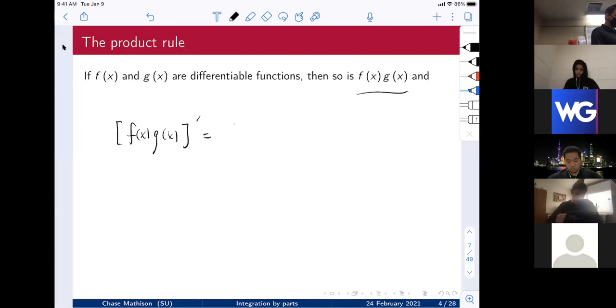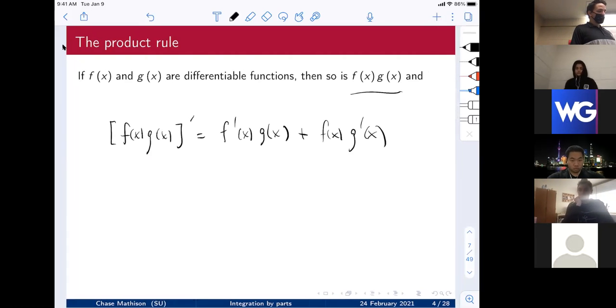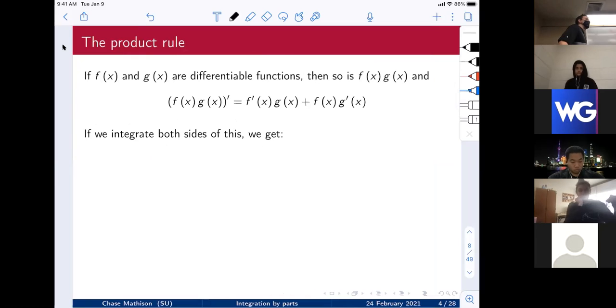Is it f prime times g of x? Good. Plus f of x times g prime. Exactly right. This is the product rule for differentiation.